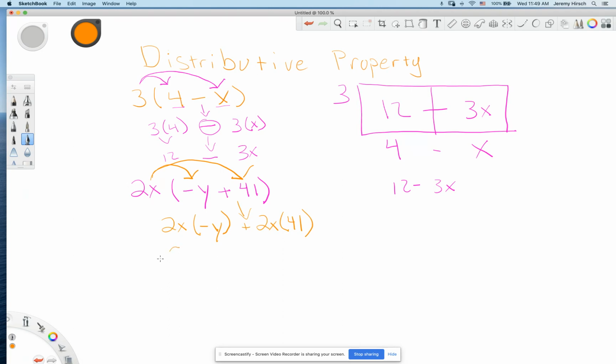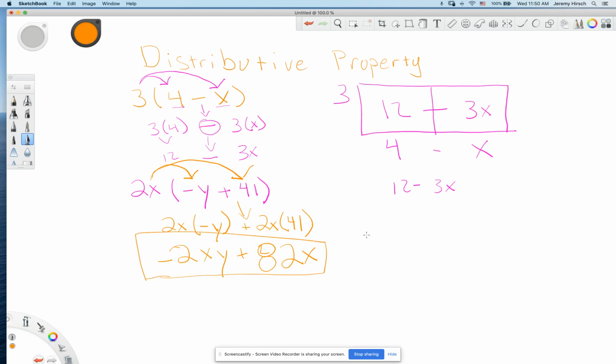You end up with minus 2xy, because a negative times a positive is negative, and then plus 82x. These cannot be combined because this has an xy and this has an x. So this is simply done.